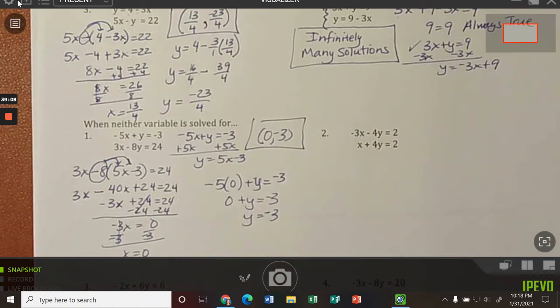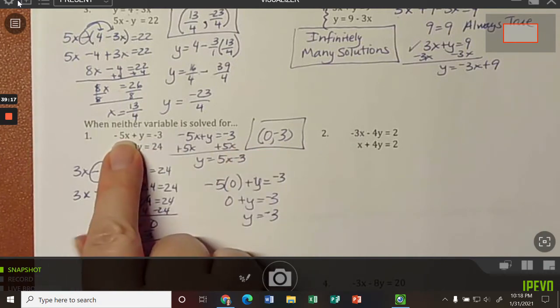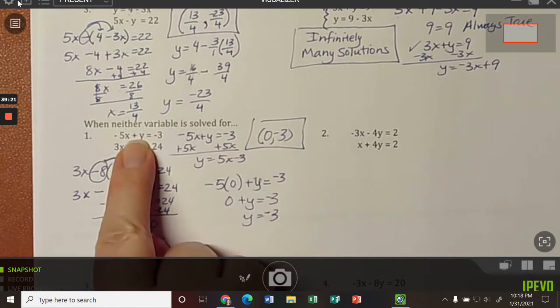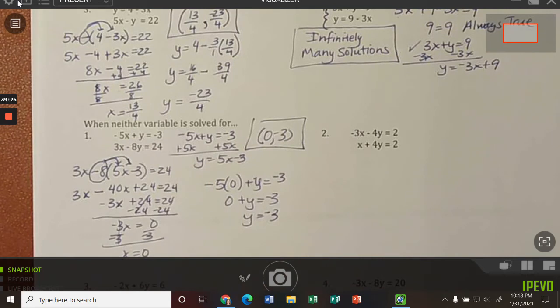So my solution is 0, negative 3, and then I would check that in the top equation to make sure it's true. Okay, so negative 5 times 0 is 0, plus negative 3, so negative 3 on the left equals negative 3, that's correct.